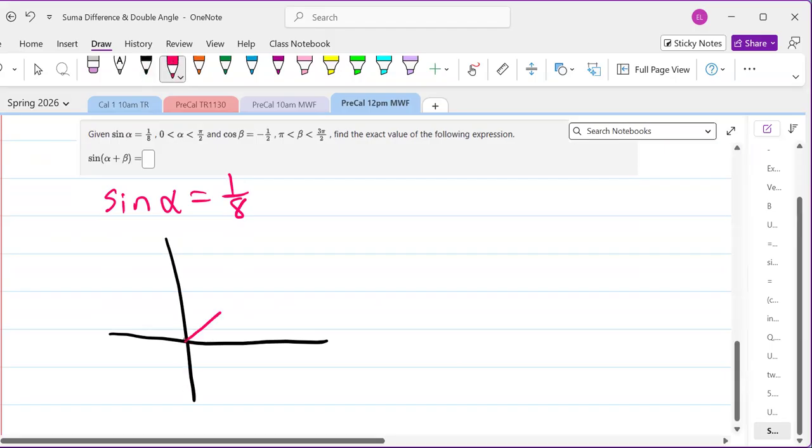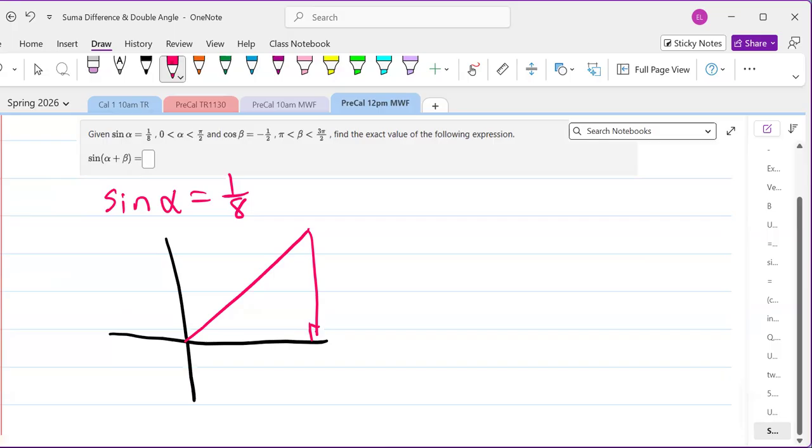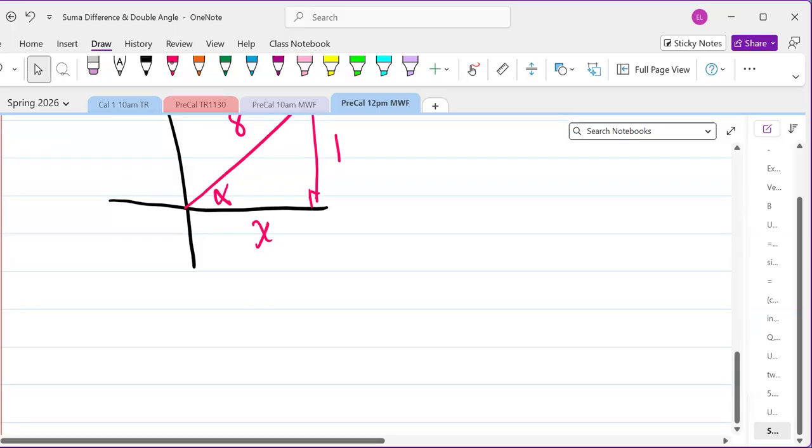So this is a quadrant 1 triangle. And now we know sine is opposite over hypotenuse. So 1 is our opposite side, 8 is the hypotenuse. And I'm going to call the third side x. So we're going to use the Pythagorean theorem to solve for that third side.